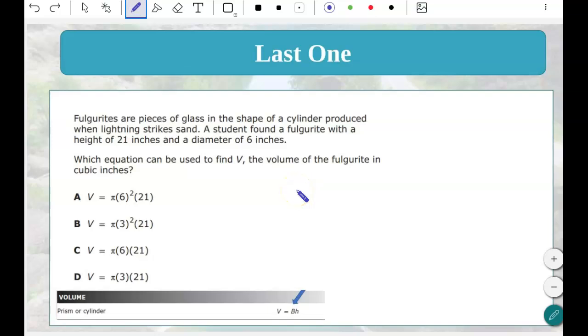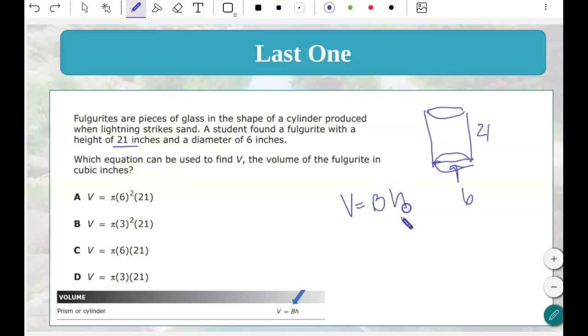All right, so you could draw the diagram if you want to. I think it helps. It helps me see the visual. It has a height of 21. Diameter goes all the way across, and that is 6. So remember, our formula is base times height, and this has to be pi r squared.